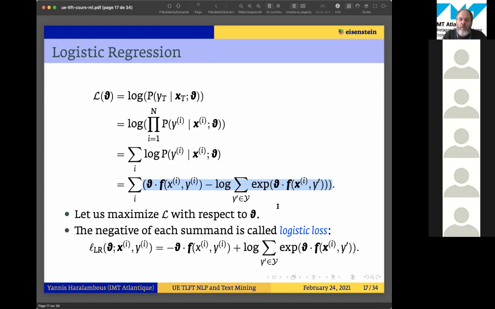What is loss? Loss is a function that allows us to evaluate our predictions. So loss is something that becomes zero when our predictions are good and increases when our predictions are bad. Likelihood is the opposite. Likelihood is high when our model is good. So this is why we take the minus here, to invert this tendency.